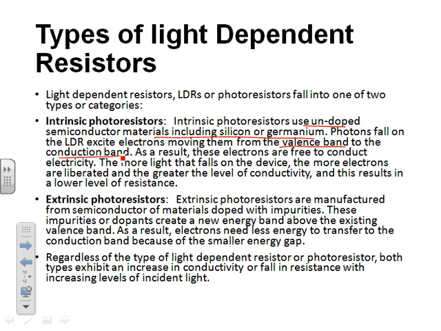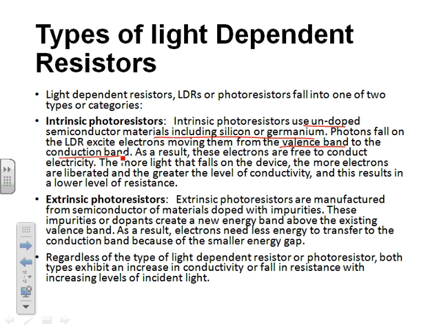The more light that falls on the device, the more electrons are liberated, so the greater the level of conductivity. And this results in a lower level of resistance. So intrinsic photoresistors use pure, undoped semiconductor materials.